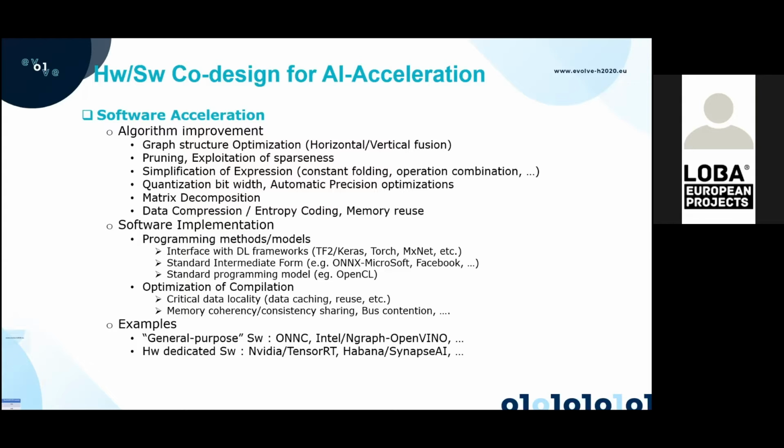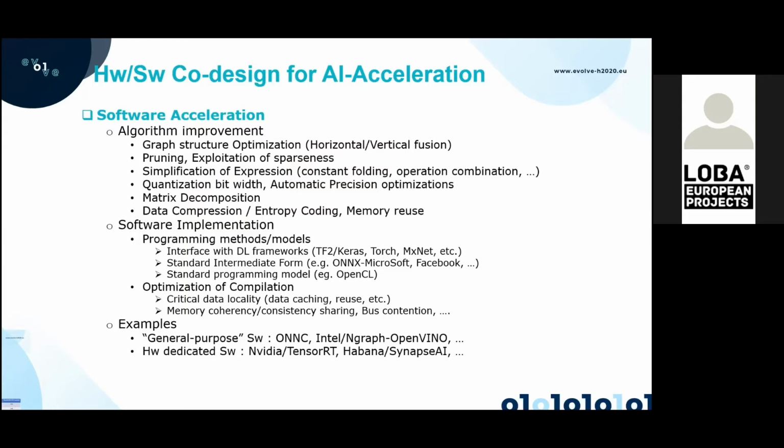The other characteristic of the software is about the implementations. That means that we have to be able to interface with existing standard frameworks like TensorFlow, PyTorch, etc., or support some standard intermediate form in order to be independent from those different frameworks.